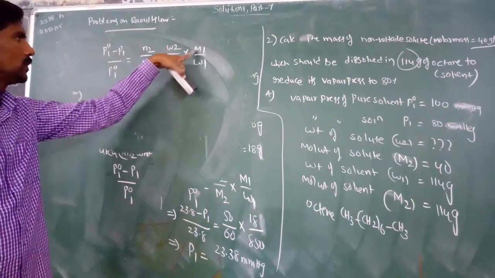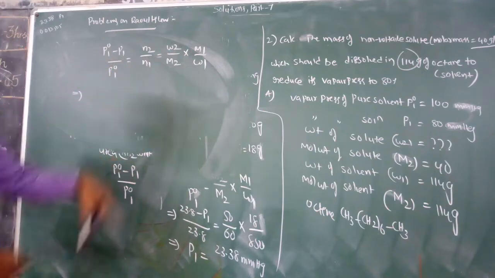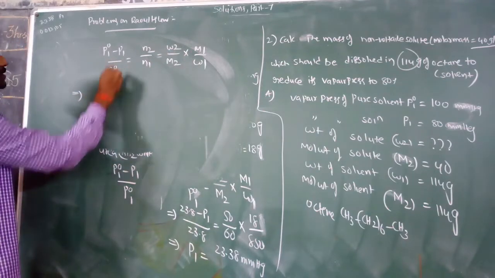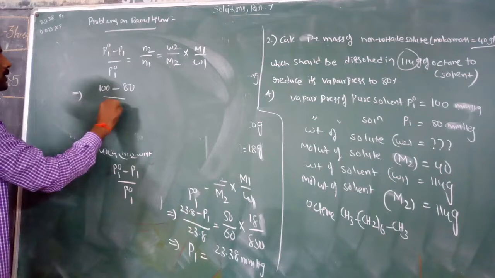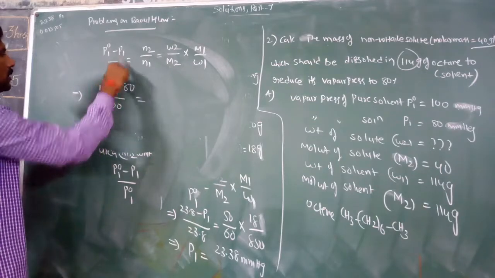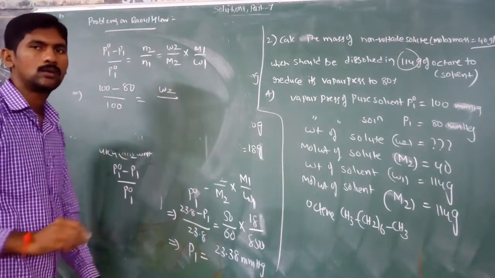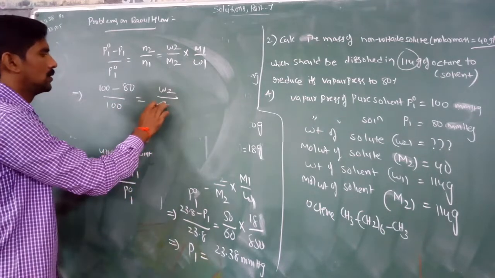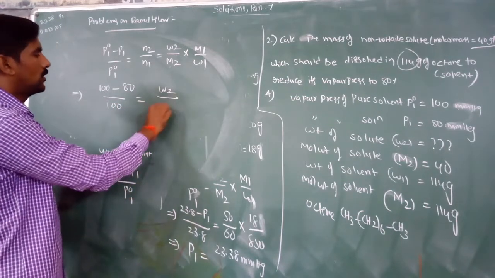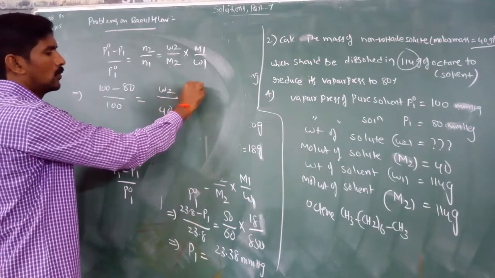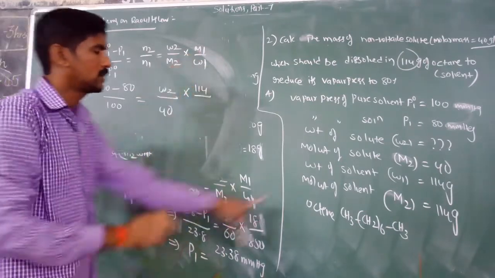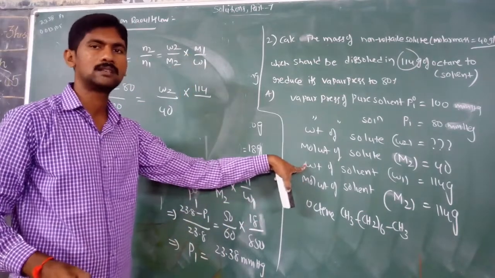Substitute: P01 is 100 mm of Hg, P1 is 80, so 100 minus 80 by 100. W2 is the weight of non-volatile solute that we have to find. Molecular weight of solute is 40. Molecular weight of solvent is 114, and weight of solvent is also 114.